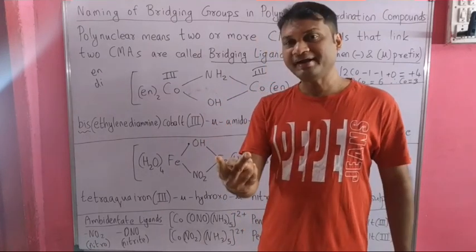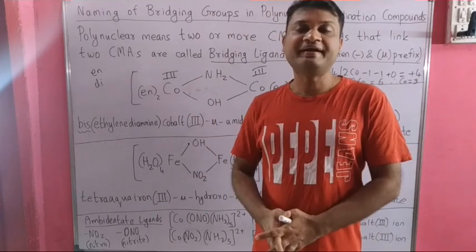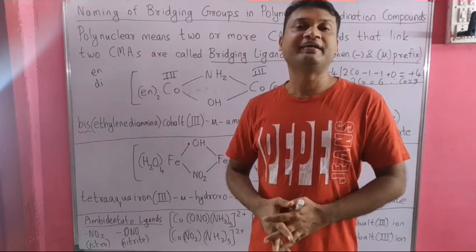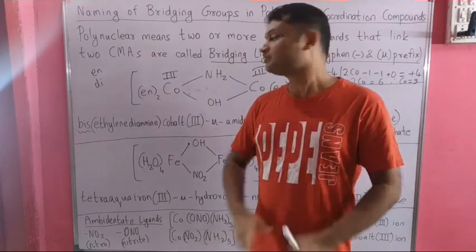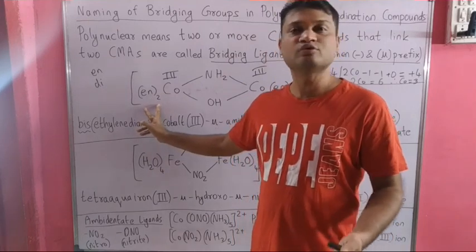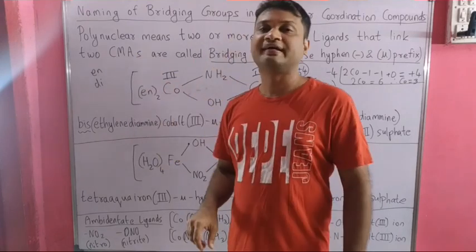If there are 2 bidentate ligands, then we will use bis. If there are 3 bidentate ligands, we will use tris. If there are 4 bidentate ligands, we will use tetrakis. In this case, we have 2 bidentate ligands, so we will use the prefix bis to denote two bidentate ligands.